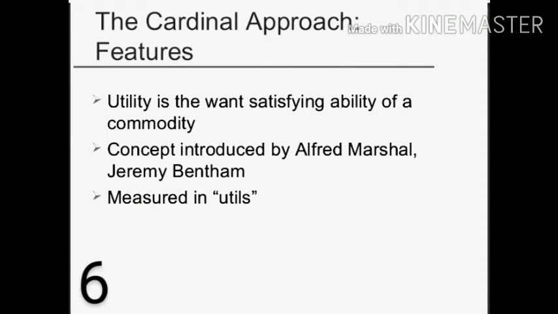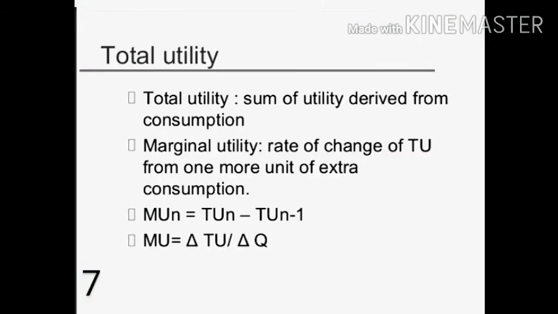This is measured in utils. In utility concepts, there are some types. The first one is total utility. What is total utility? Total utility is the sum of utility derived from consumption.